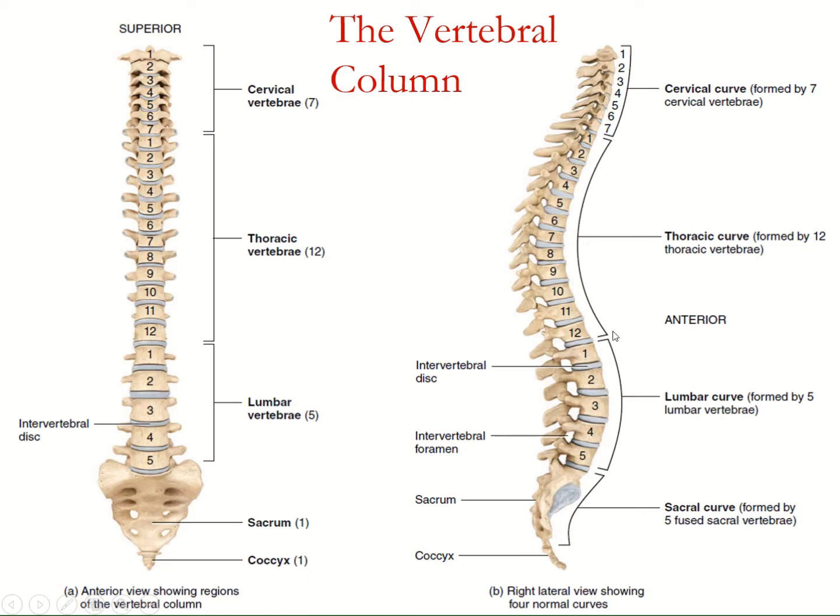They curve anteriorly, while your thoracic and sacrococcygeal segments curve posteriorly, so they have anterior concavities. Again, this is for strength and balance. So again, the vertebral column is made up of 33 different vertebrae with the following segments.